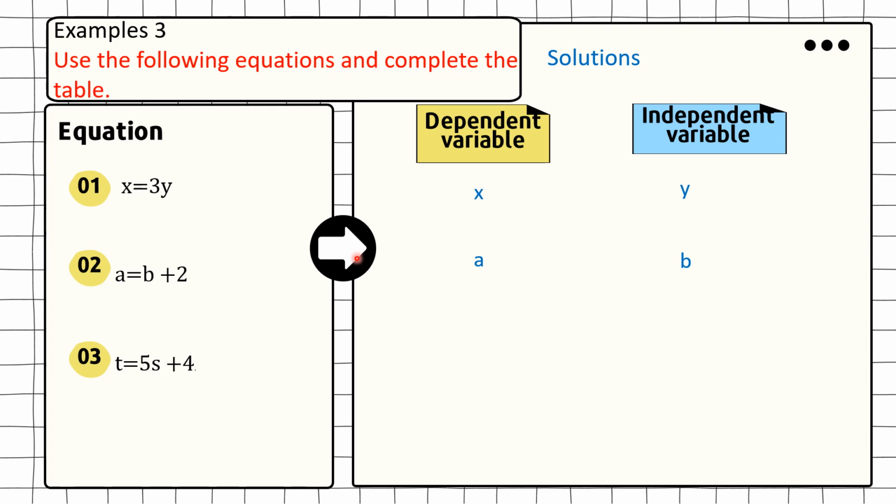Which is the independent variable and which is the dependent variable? Excellent, math champions. T is the dependent variable and S is the independent variable.